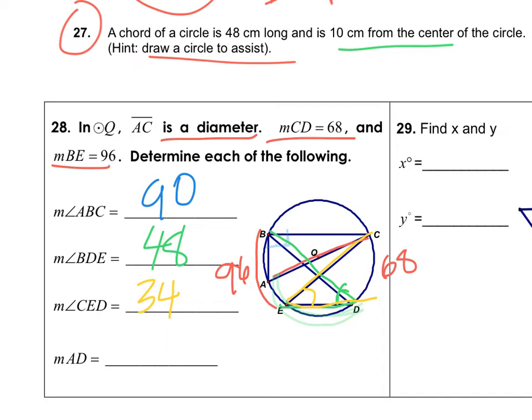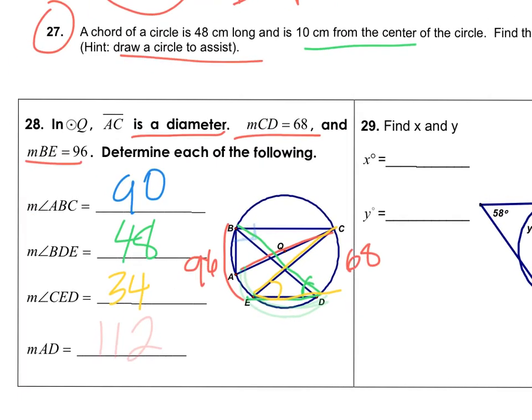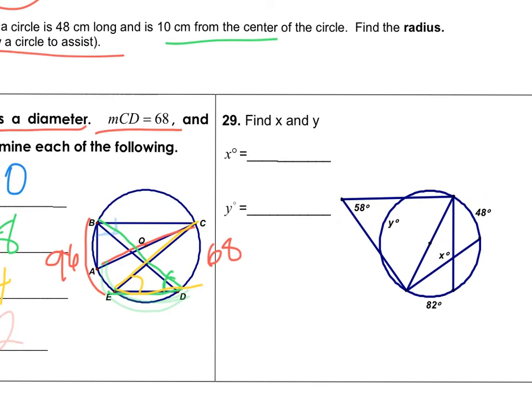So I'm using my diameter for that, and since I already have 68, then I'm just going to do 180 minus that, and that would have given us our 112. Okay, so be able to take what's given and find the missing parts using your intercepted arcs or your inscribed angles.